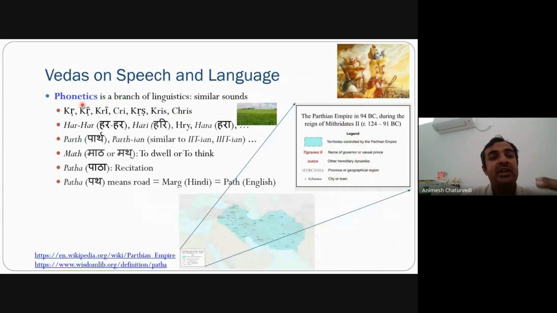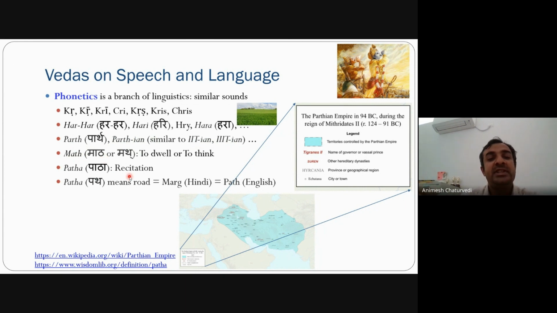Then there was phonetics which was developed 5,000 years ago, related to Krish and Hari, Hara. That has still been existing. Path became Parth by joining IAN, which has been taken from some other community, like the Parthian, similar to IITN or triple ITN. Mat means to dwell or to think, which is somewhere related to mathematics.